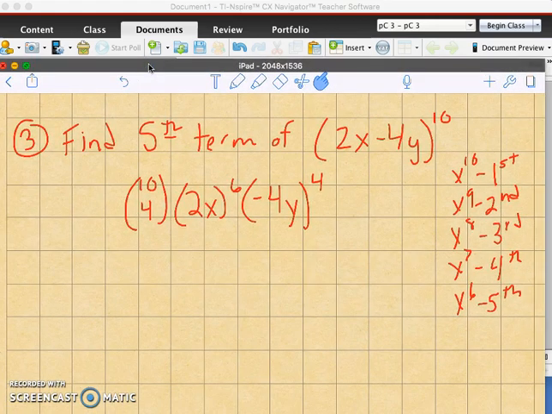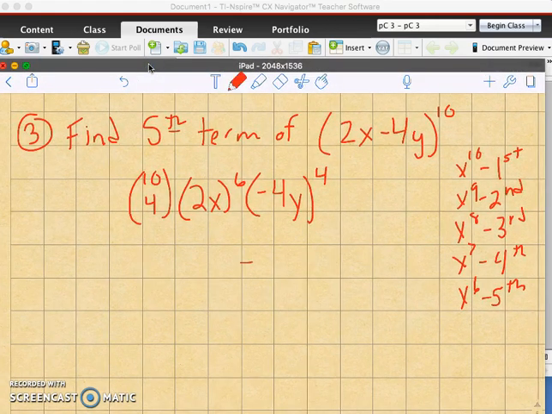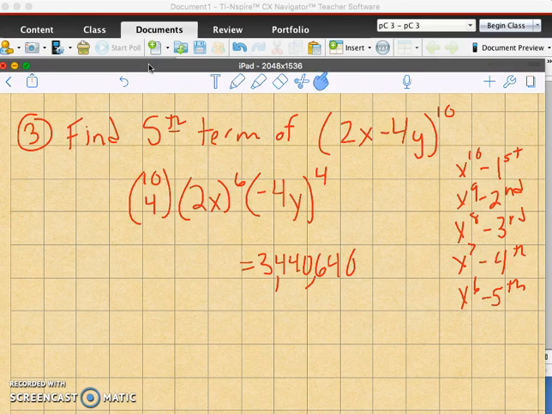So there's our coefficient. A little bit larger than one that we've done so far.